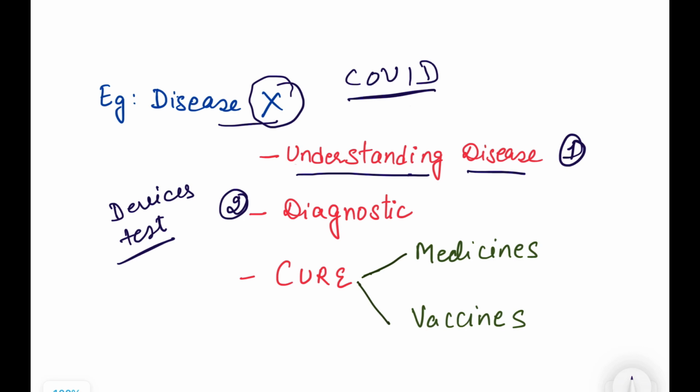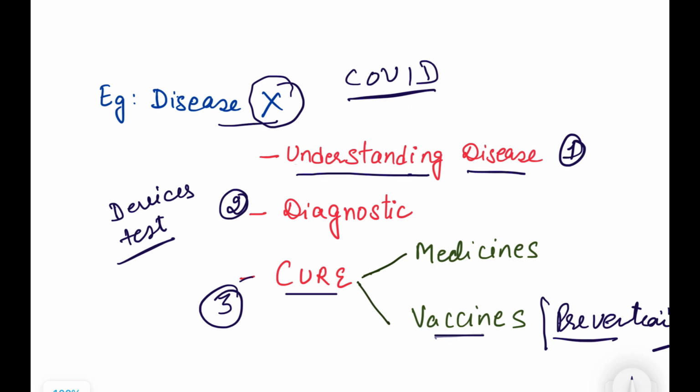And the third step is of course cure. Under cure also you have two ways. One is vaccination, that is prevention. That's why we say that prevention is better than cure. So prevention comes under vaccination, and that's why there was too much of a rush to develop a vaccine. Then another pillar is that you also have to treat people, that is medicine. So that is treatment.